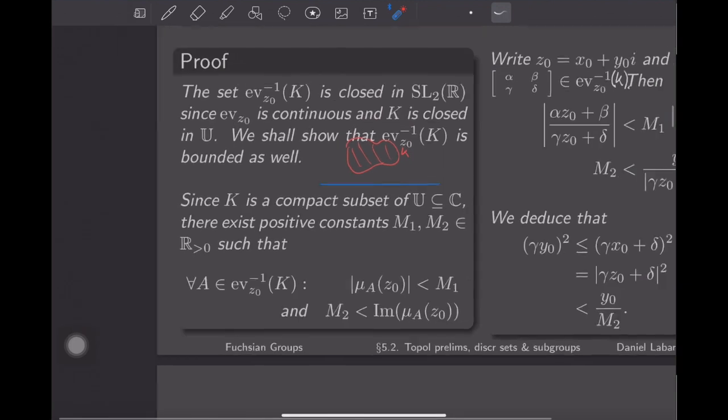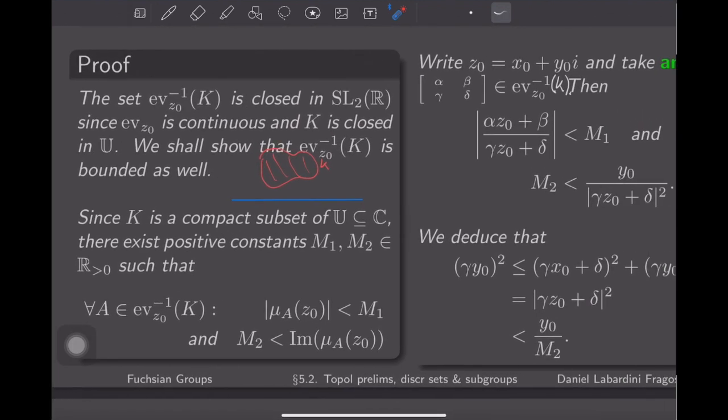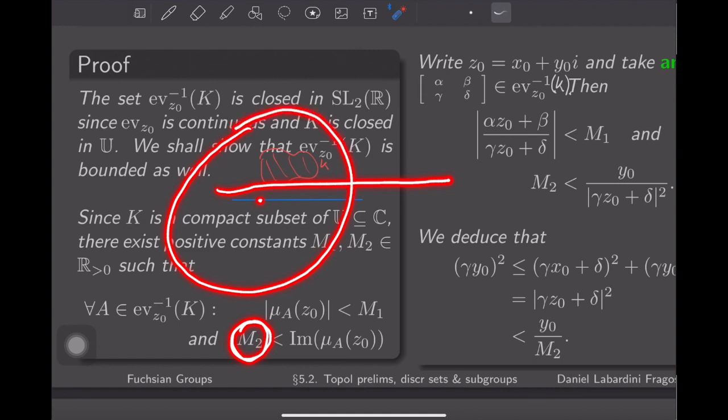So there exist these two constants m1 and m2, so that K is above the horizontal line at m2, and the whole of K is contained in the Euclidean disk with center at the origin and this radius.